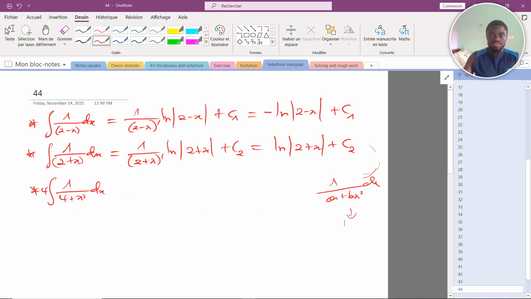So to integrate this, we naturally know that a substitution will be done, but the aim will be first to write it in which form? 1 plus something inside here, all that squared, before doing the substitution.